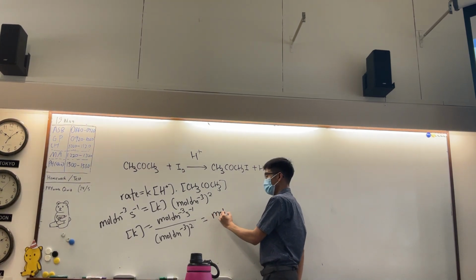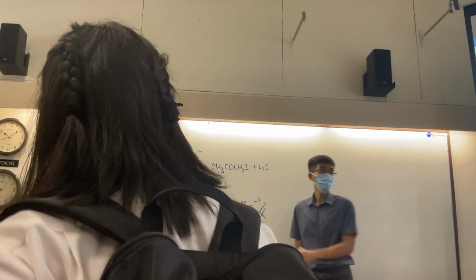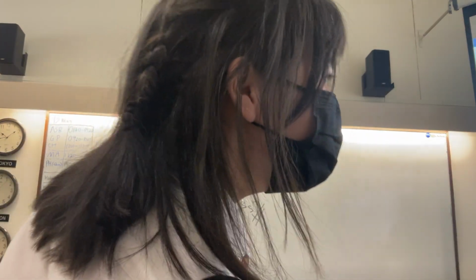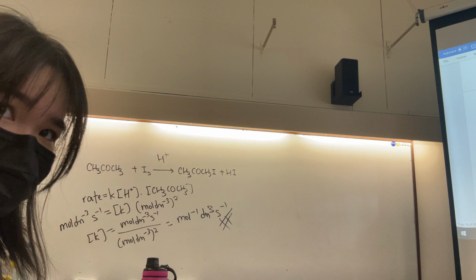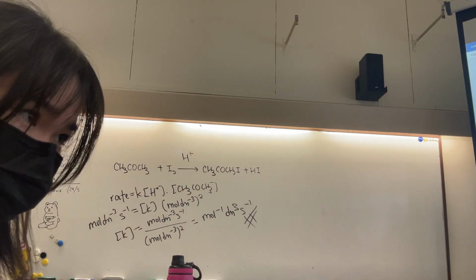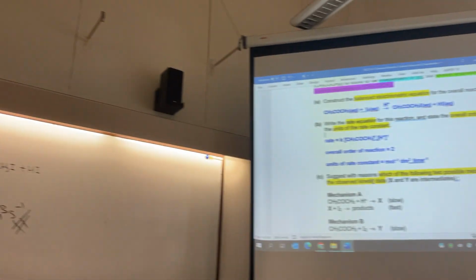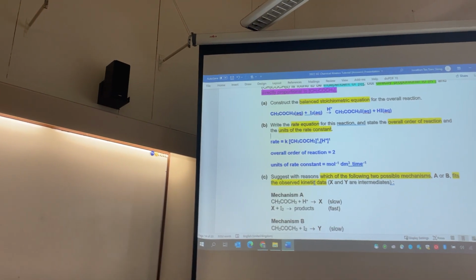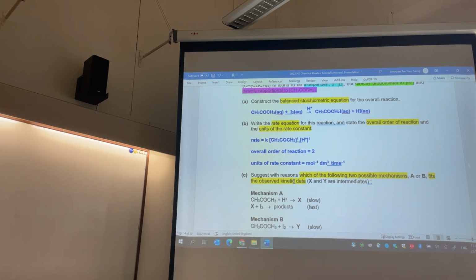Mol^-1. Okay, so that's the overall unit for the rate constant for a second order reaction. Over there, I write per unit time because the question never gives us the unit of time. But it doesn't matter, if you write per second, they also cannot knock you wrong because they never give you the unit of time.